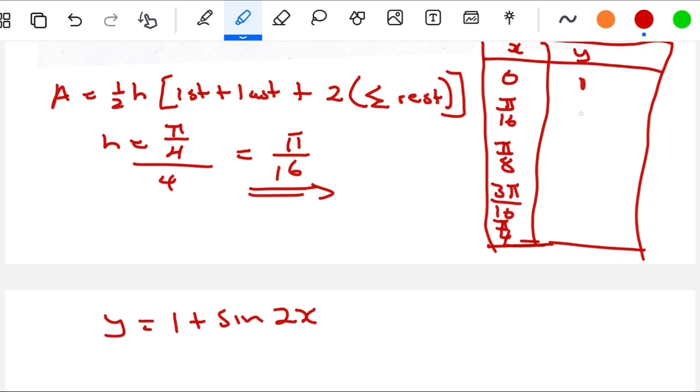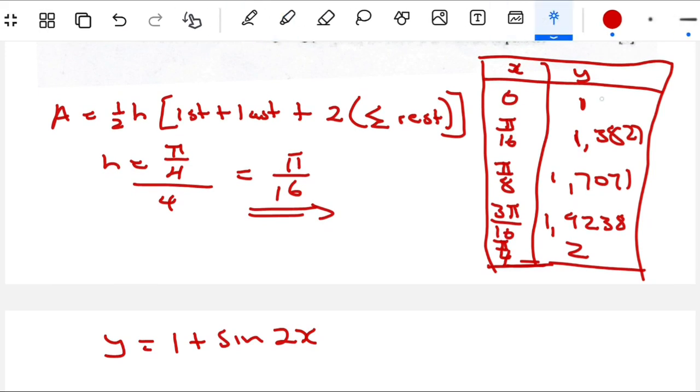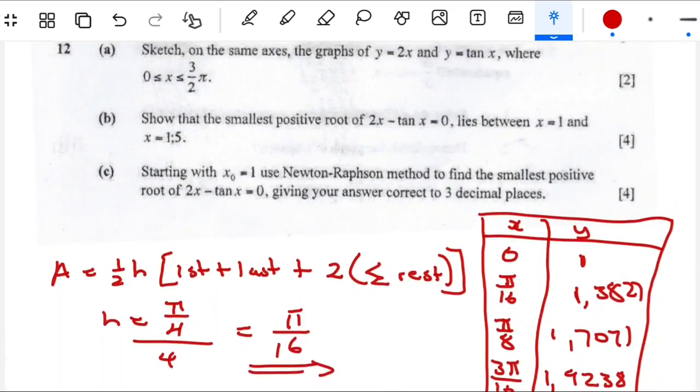If you put pi over 16, you're going to get 1.3827, then next 1.7071, then next 1.9238, then next you're going to get 2. Okay, so this is our first, and this is our last, then these are the rest. Okay, so let's come back here and do that.